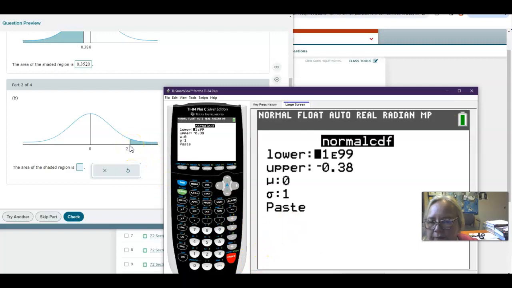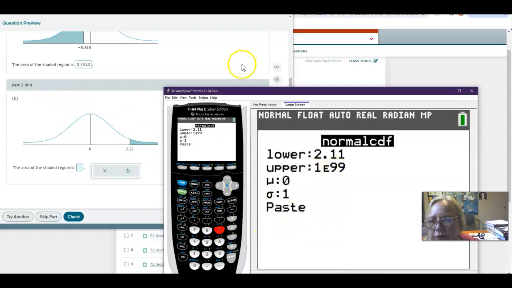The number on the very left is 2.11, so we put 2.11 here, and the number to the right is infinity. We associate this with 1 second E, 99. So what is this? It's 1 times 10 to the power 99, which is a very large number.